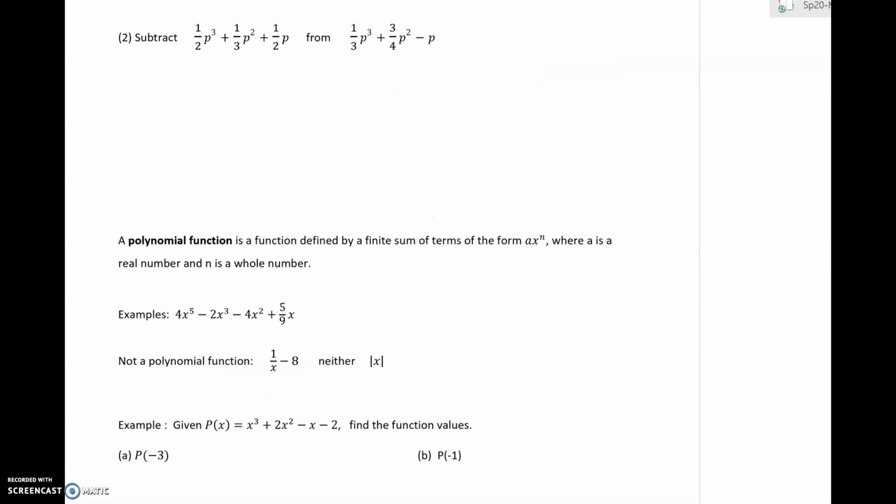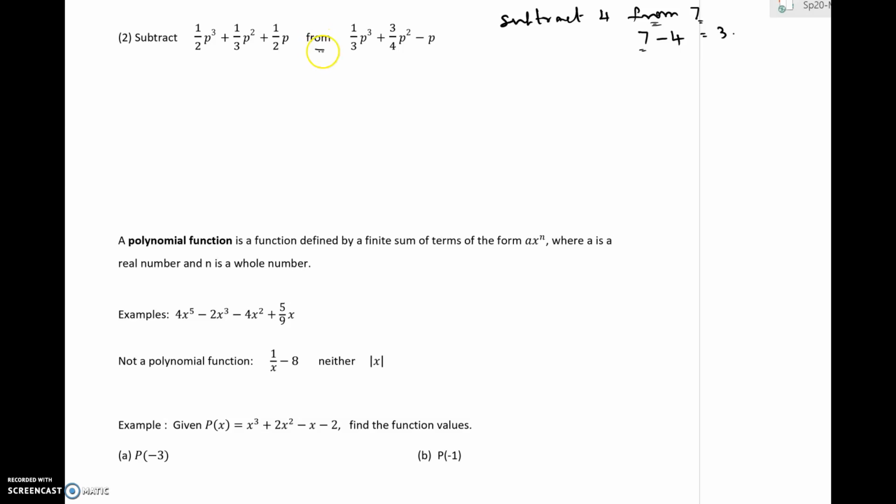Subtract 1/2 p cubed plus 1/3 p squared plus 1/2 p from 1/3 p cubed plus 3/4 p squared minus p. So if you look at the statement, subtract 4 from 7: you write 7 first and then subtract 4 and write 3. So anything that comes after the word from goes first.